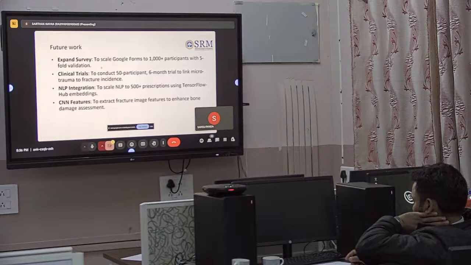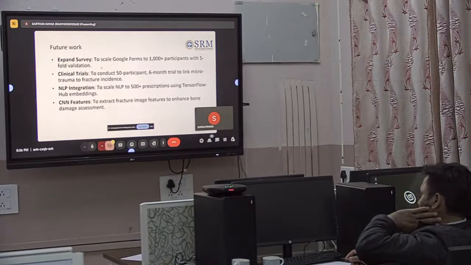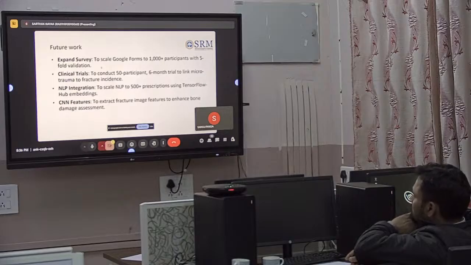The future work we are planning includes maybe 1,000 participants, expanding the data, and conducting a trial with dynamic data that they will enter every month.